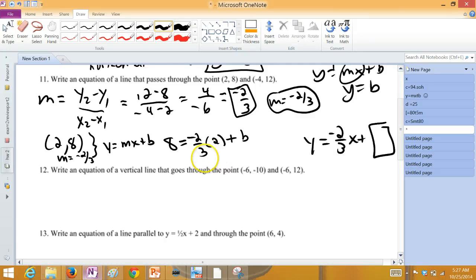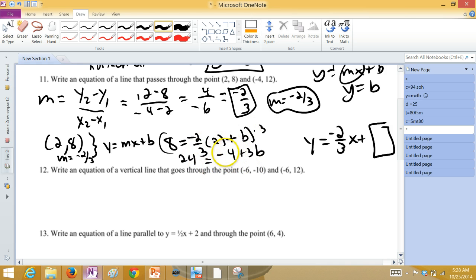Let's see, it's easiest actually to multiply through by 3, just to get rid of the fractions. Just take the whole equation times 3. What we end up with is 24 equals negative 4 plus 3b. When we multiply the negative 2/3 times 2 times the 3, the 3's cancel out and you get a negative 4.